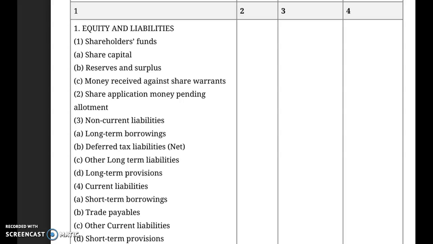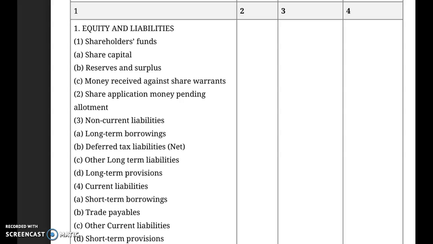Now for example, the third item is non-current liabilities. Under non-current liabilities, you have been given four important items: long-term borrowings, deferred tax liabilities, other long-term liabilities, and long-term provisions. Now in the examination, if CBSE asks how you will show long-term provisions in the balance sheet of a company, your answer will be that long-term provisions will be shown under the major head of equity and liabilities, with the subheading of non-current liabilities.